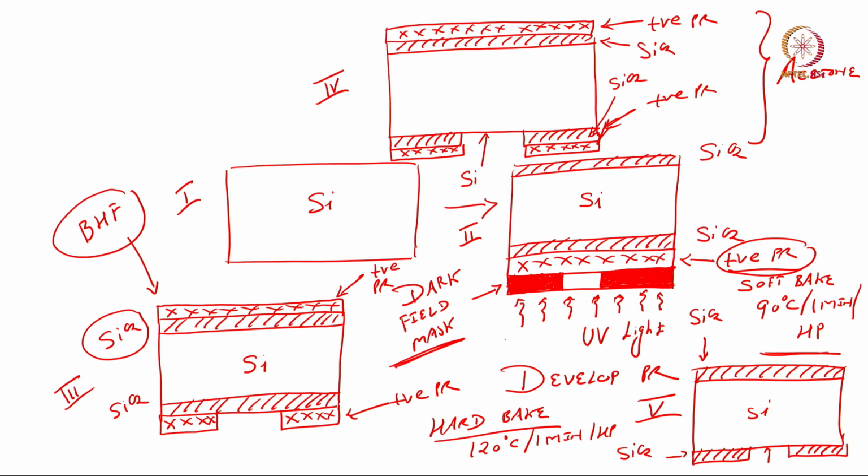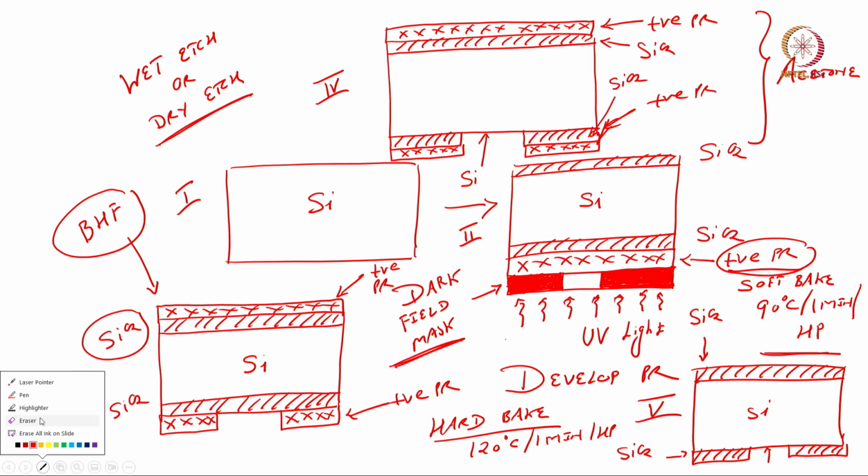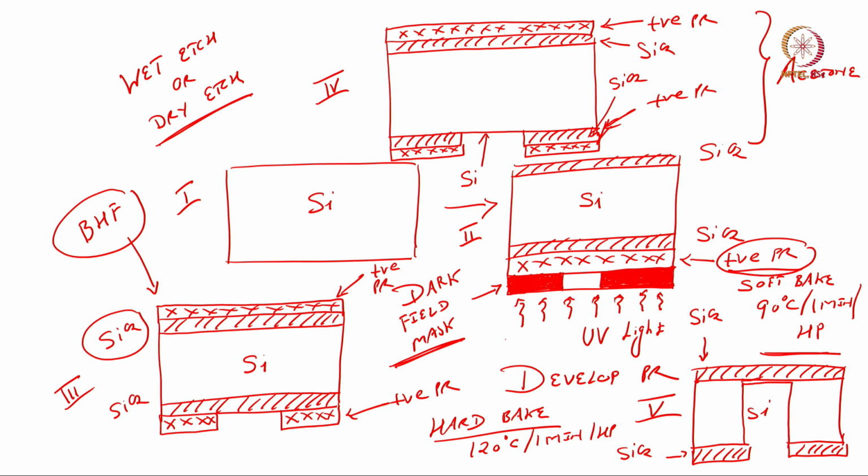Now, if I want to create a diaphragm, so I want to etch silicon, I can either use wet etching technique or dry etch, and today we are learning dry etching. When we go for dry etch, if I keep on etching all the way, you will have this one.